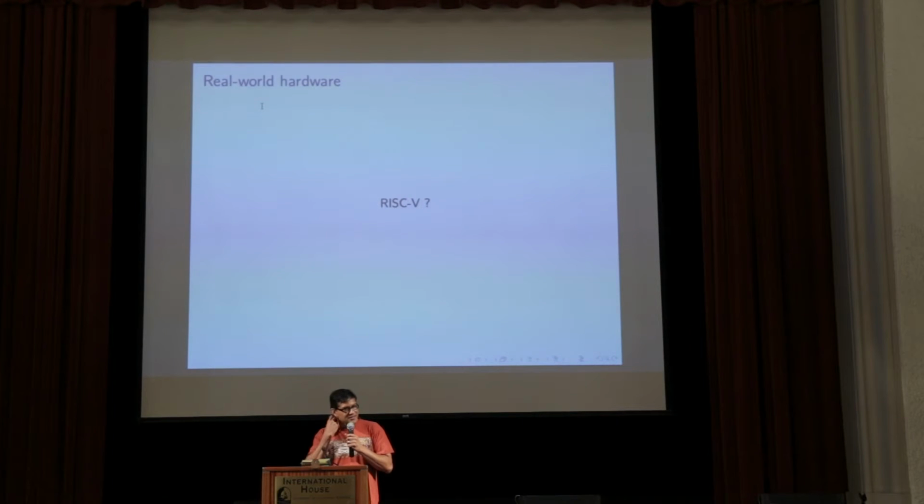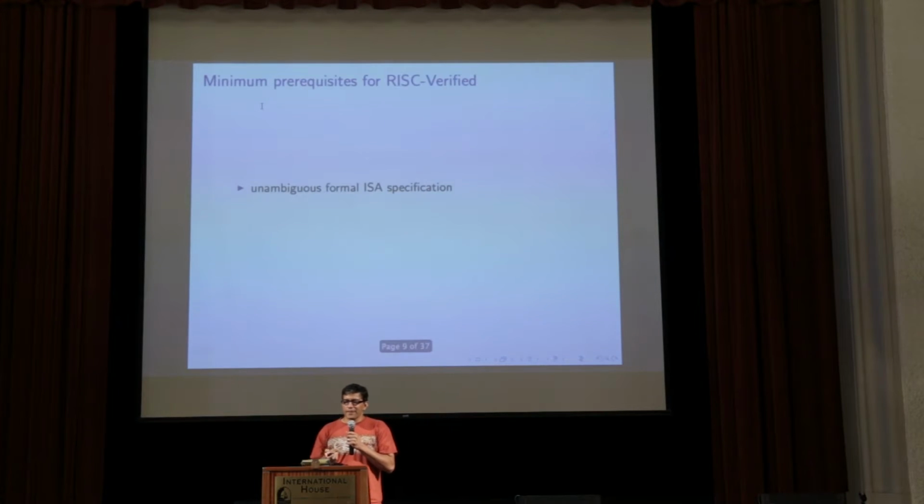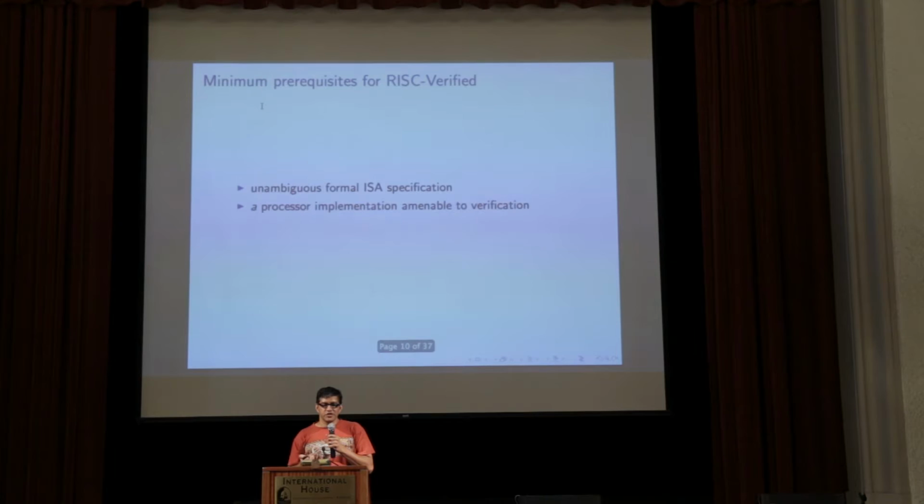So the thing that we're trying to do is make sure that we have a much better situation with RISC-V. Now, what are the minimum things we can do for a verified RISC chip? We need an unambiguous formal ISA specification. And this needs to be coupled with a processor implementation that you can verify implements this formal ISA spec.